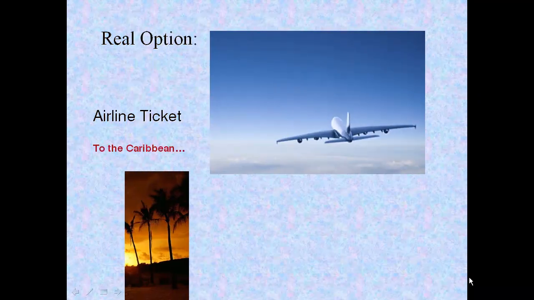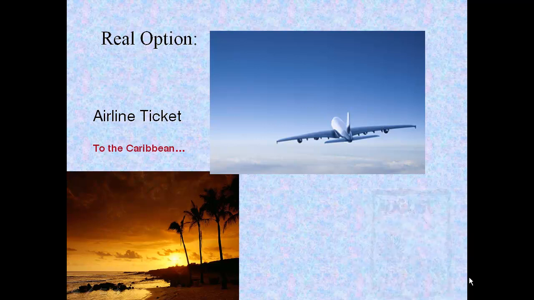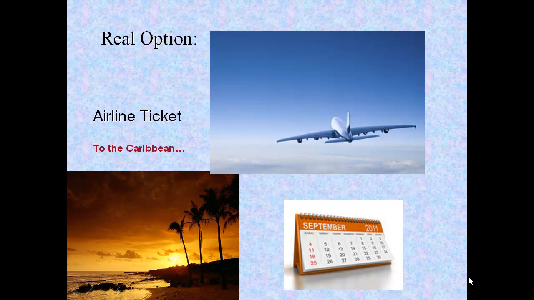A real option most everyone is familiar with can be seen in an airline ticket. Let's say you've purchased a ticket on a flight to the Caribbean departing in August, but for some reason you'd prefer to travel in September. Can you? Depends on the type of ticket you bought. No go with a restricted fare ticket, not without heavy penalties, but the more expensive full fare ticket will allow you to change.